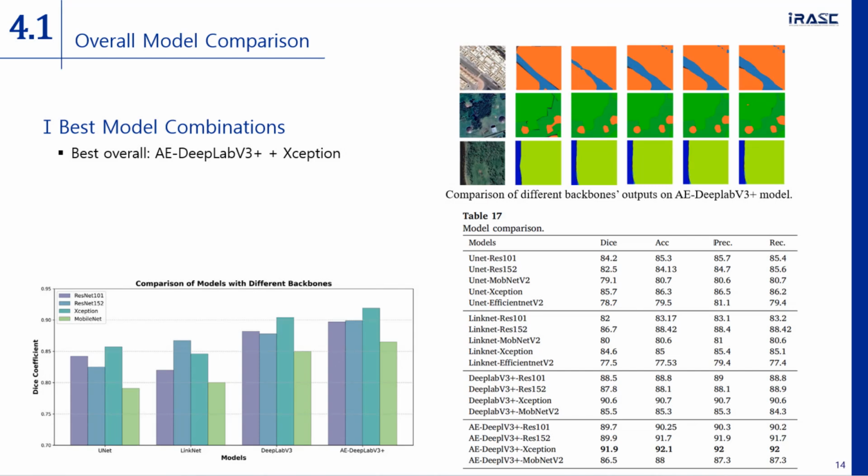The SE attention mechanism further strengthens feature selection. So the key conclusion of this slide is that AE DeepLab v3+ with Xception is the best overall model combination in this paper.